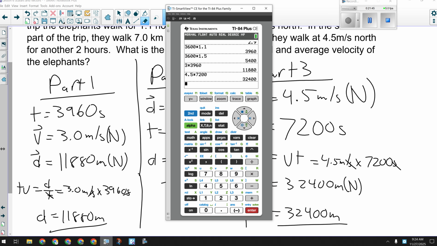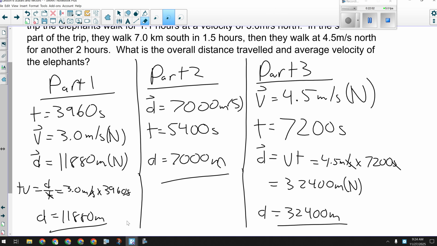So the 32,400 plus the 11,880 plus 7,000. There's the total distance traveled by the elephants, 51,280 meters.